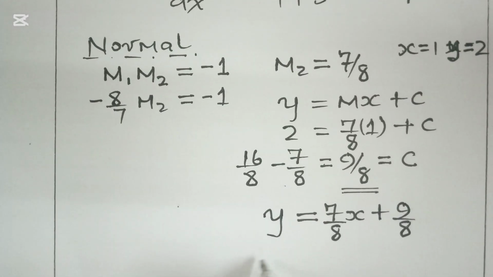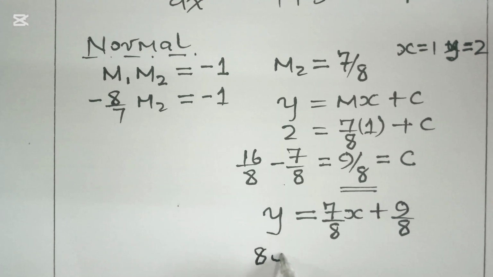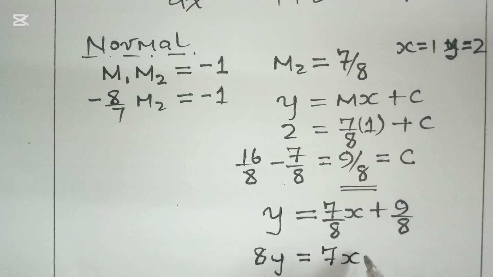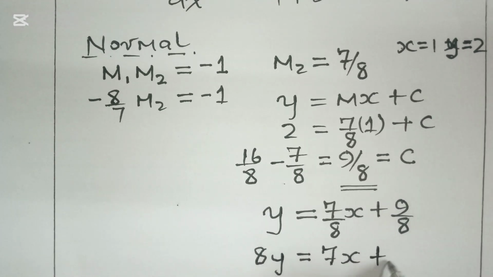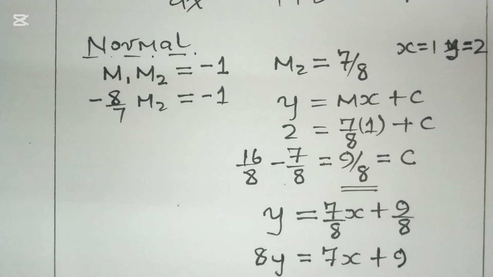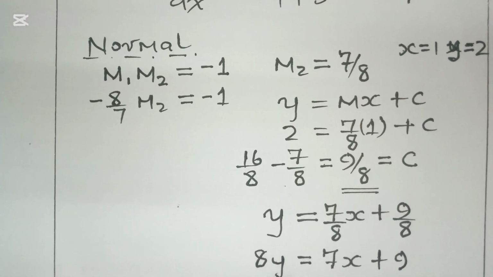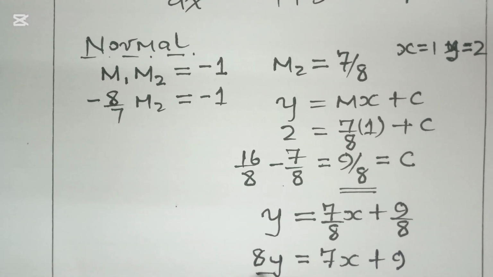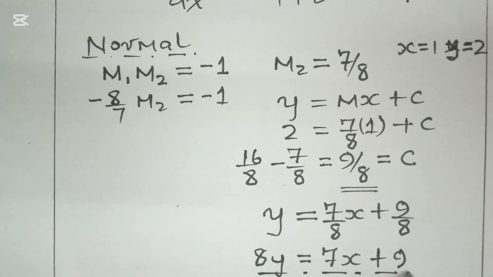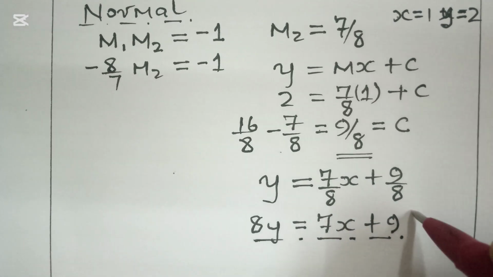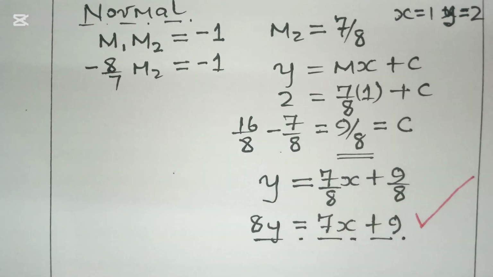So I'll have 8y equals 7x plus 9. And so therefore, this is my equation for the normal to the curve.